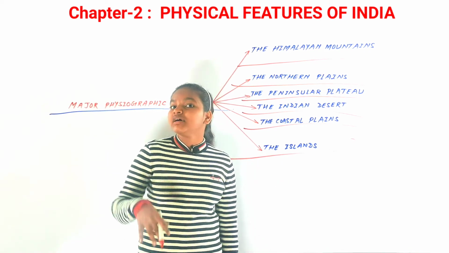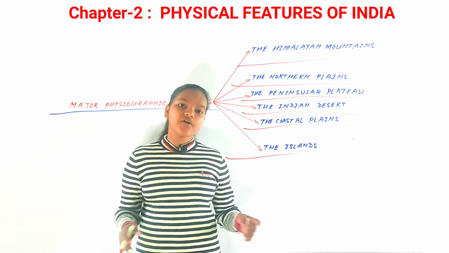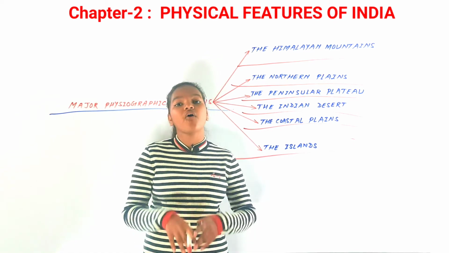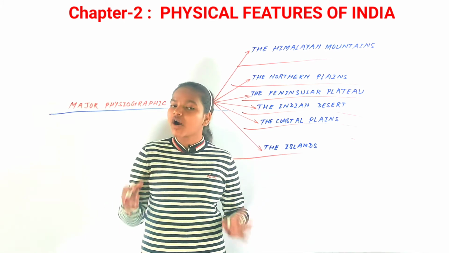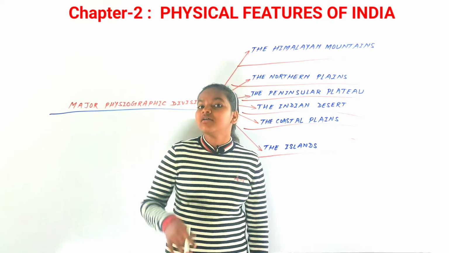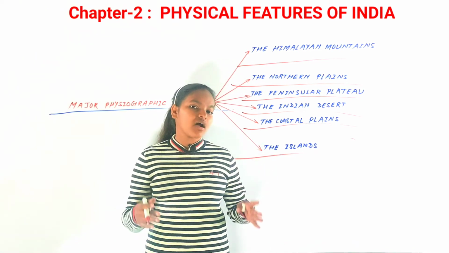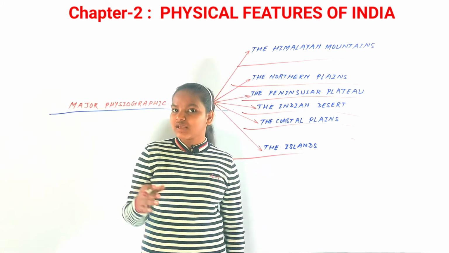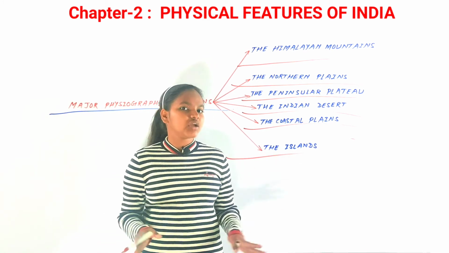The northern plains are a kind of granary of our country, and the Peninsula Plateau is a kind of storehouse of the major minerals crucial for the industrialization of our country. The coasts and the islands support port activities and fishing spots in our country. So all physical divisions of our country have their own unique feature.